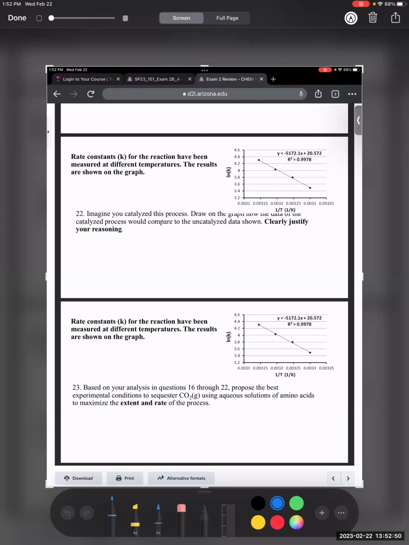Thermodynamically, and then kinetically, the goal is to make the reaction faster. If you remember, for this overall reaction, we sequester CO2 using aqueous solutions of amino acids to maximize the extent and the rate. Let's talk about the extent first.